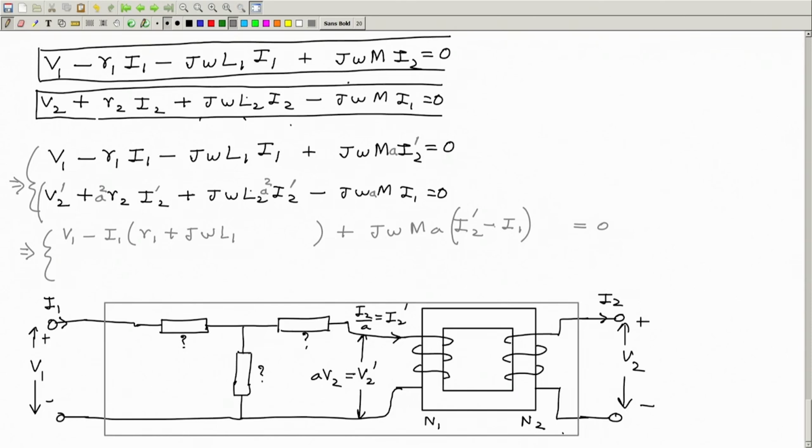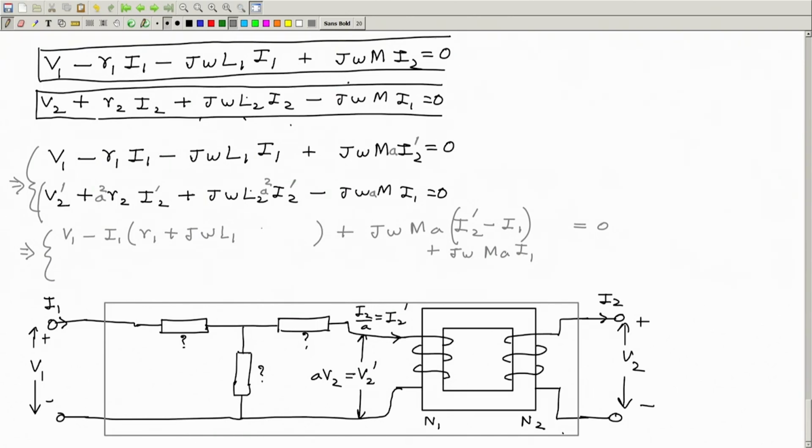So I have subtracted I1 j omega ma. So I have to therefore add j omega ma I1. So I have subtracted this term j omega ma I1. So these two cancel, it's fine.